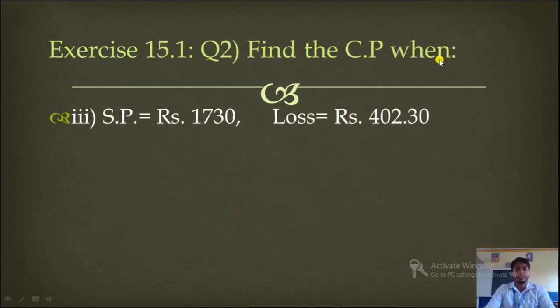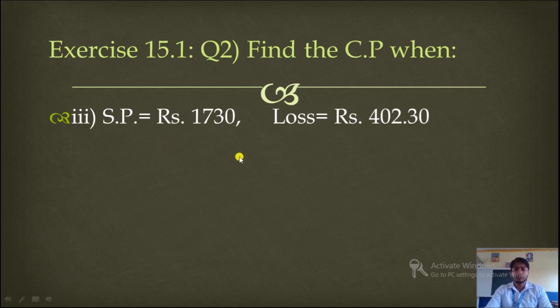Next, question number 2: find the CP when selling price is rupees 1730 and loss is 402.30. So what is given here? Loss. According to loss we have to use the formula which we discussed last day.